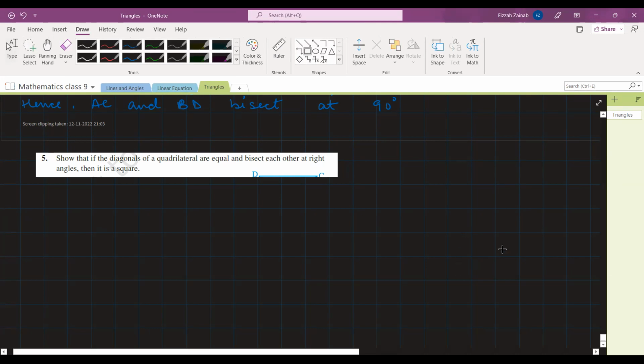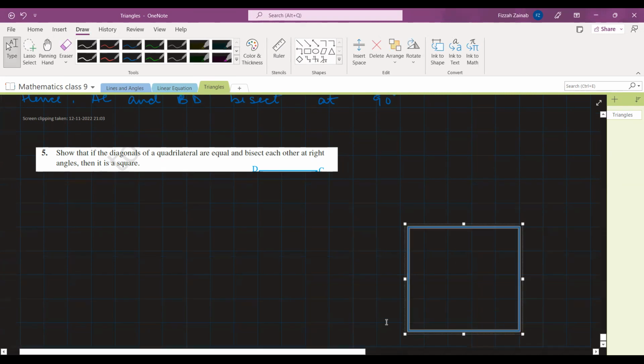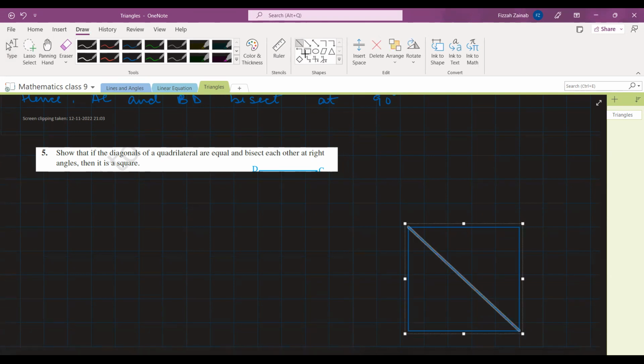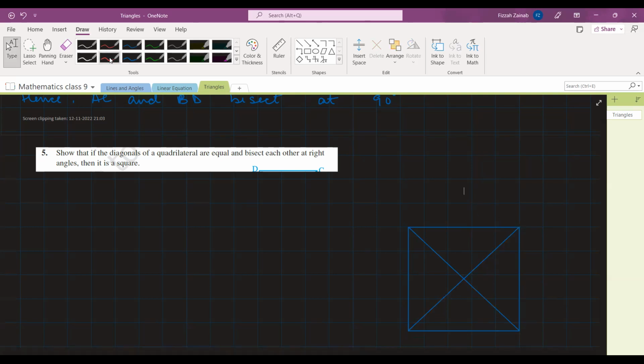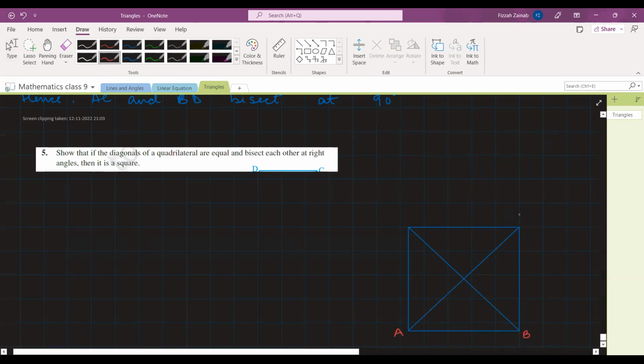So let us draw a square first of all, and its diagonals. Right. Again, I'm naming in the same way A, B, C, D, and O. Now look at the difference here.